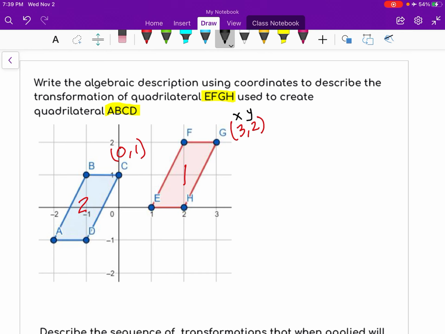So if we compare these 2 coordinates, to go from 3 to 0, we're going to subtract 3 from our x-coordinate, giving us x minus 3. And to go from 2 to 1, we're going to subtract 1 from the y-coordinate. So the algebraic description here should say xy transforms into x minus 3, y minus 1. And this is our answer.